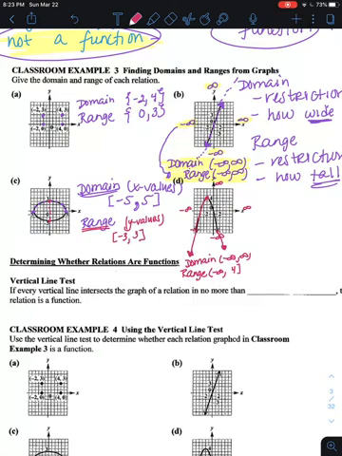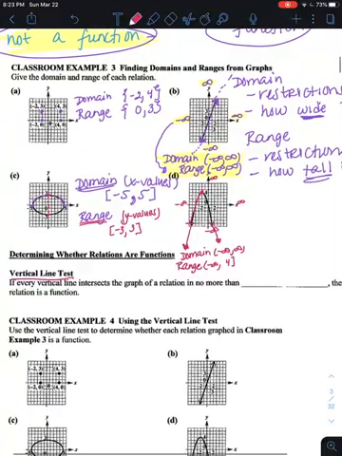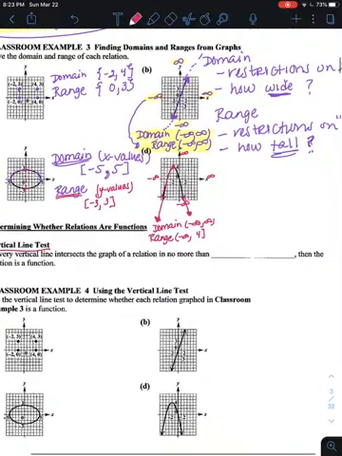All right, so determine whether relations are functions. To determine if a relation is a function, we use something called the vertical line test. Let me go back up here, because they actually use the same examples from above.